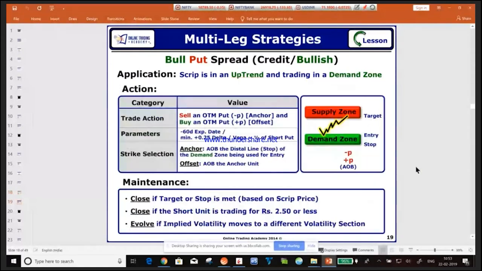I think we were on the next strategy. Okay. Next page. Are the trade parameters clear to you guys?